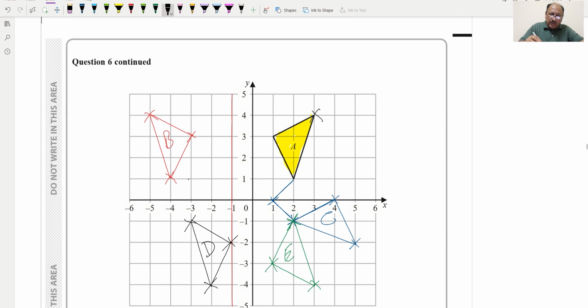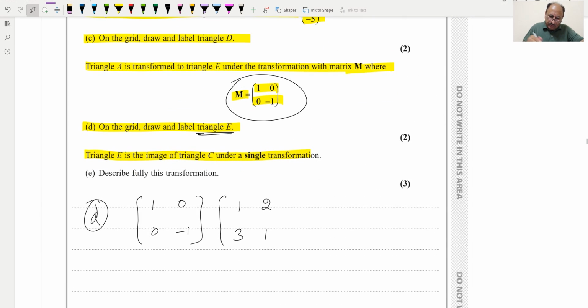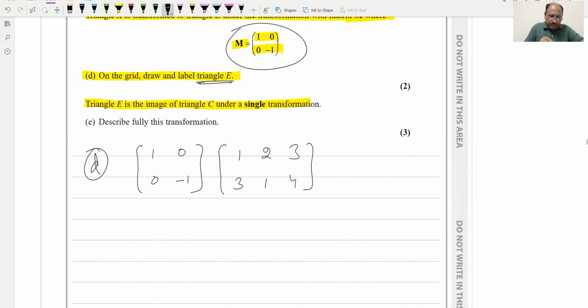This will be 3 and 4, so we can write here 3 and 4, and we will multiply these two matrices. This will be first row first column, then first row second column, then first row third column, and this is how we will be multiplying, and we will be getting the new location. If we want, we can get the new location for that.